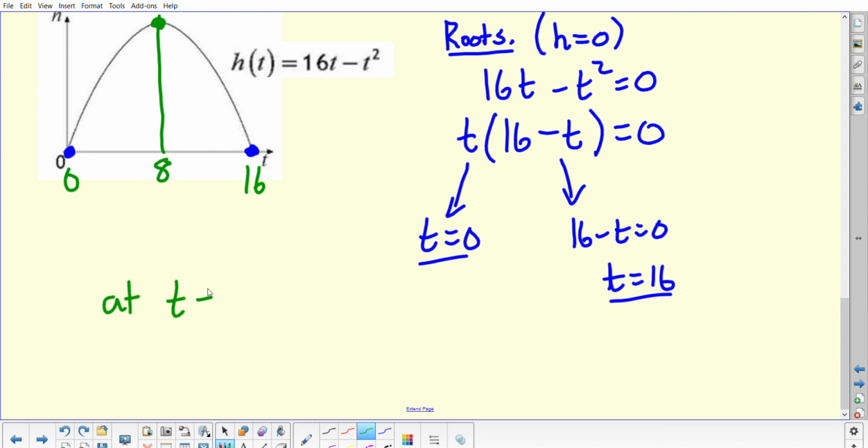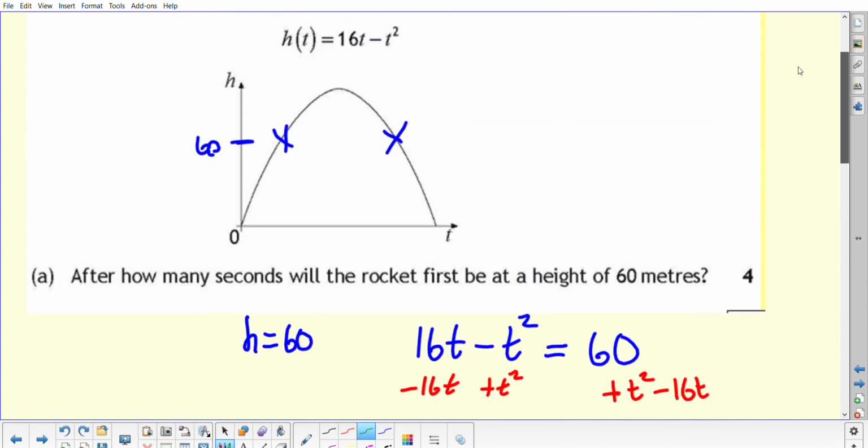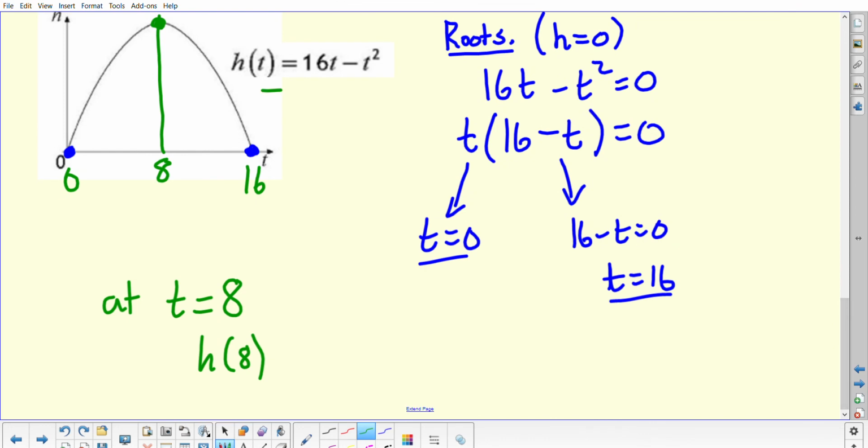So let's see what the height is. At t equals 8, we're going to work out the height by subbing into the expression for your function, the 16t take away t squared, like this here.